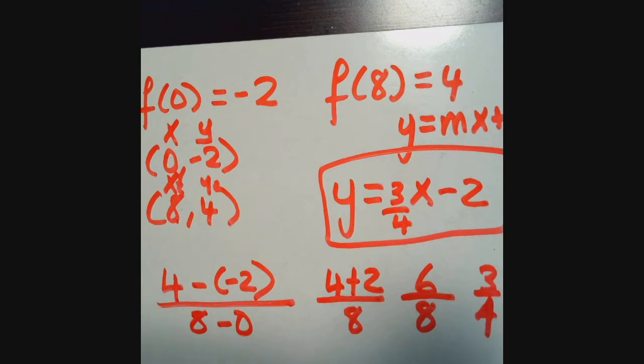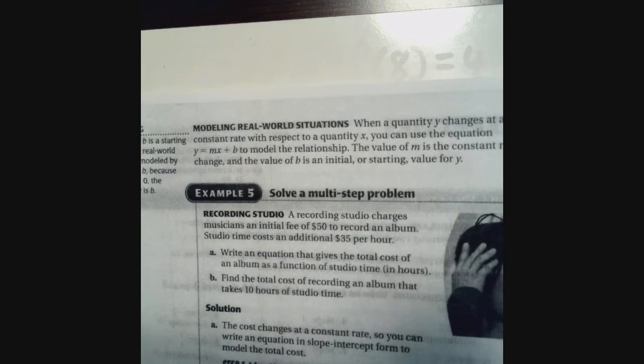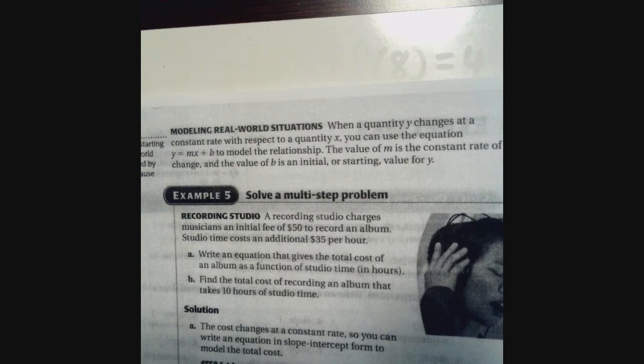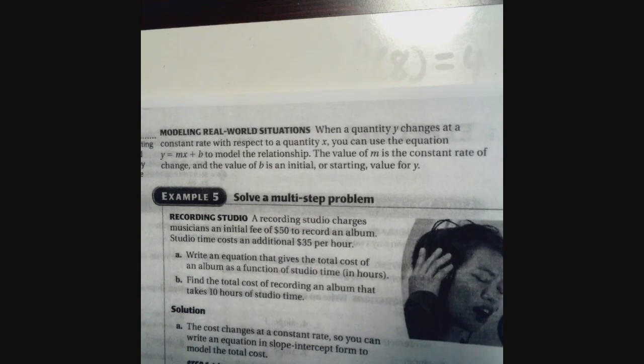Okay? Alright. Last one is a word problem. These are very common word problems where they use slope-intercept form to solve them. So I'm going to go ahead and put the writing to it, and then we're going to figure it out. Okay, so modeling a real-world situation.